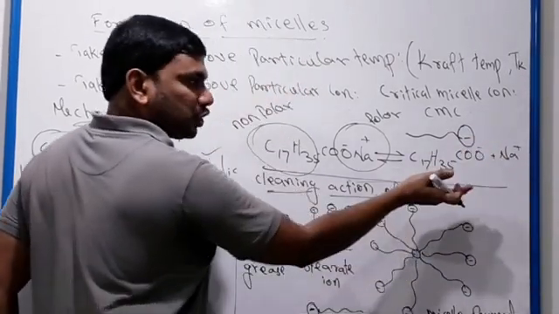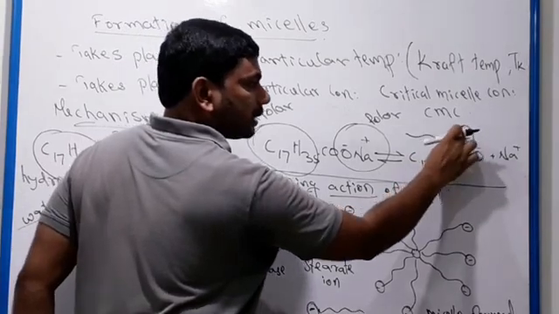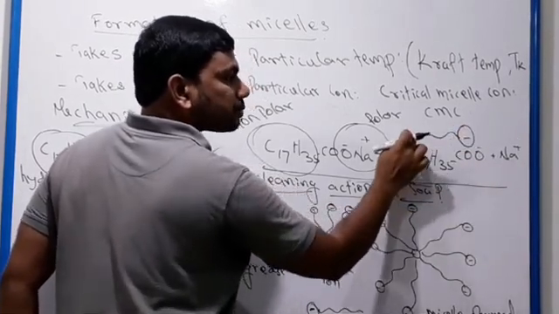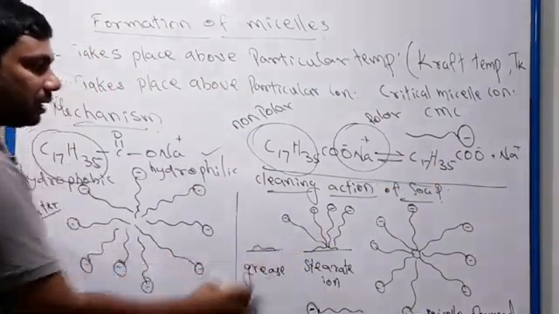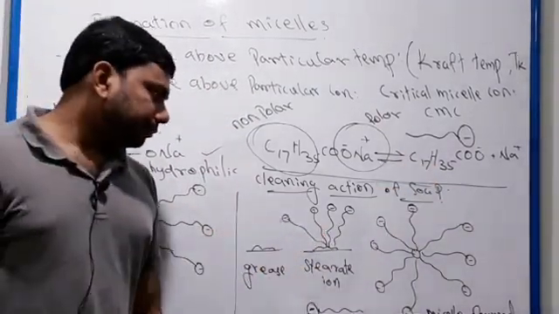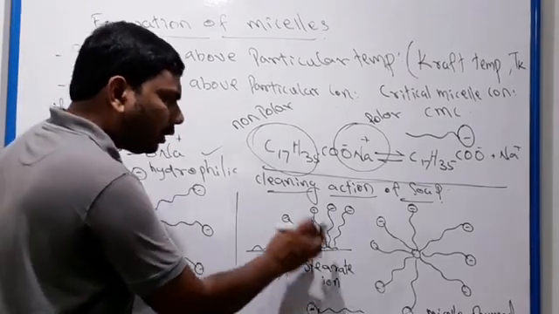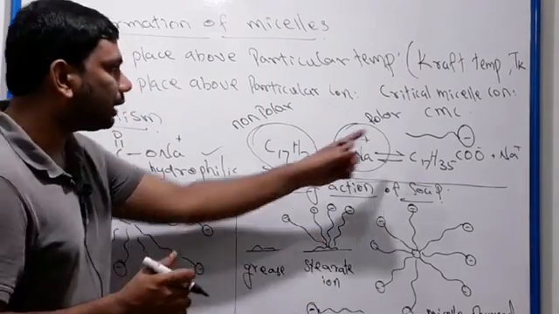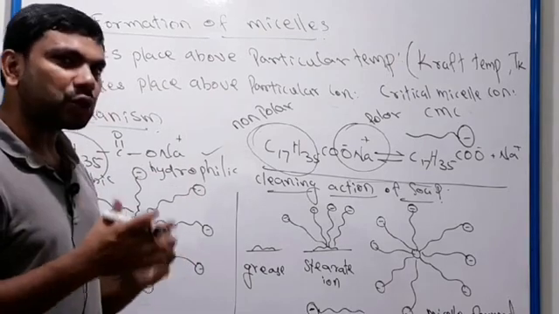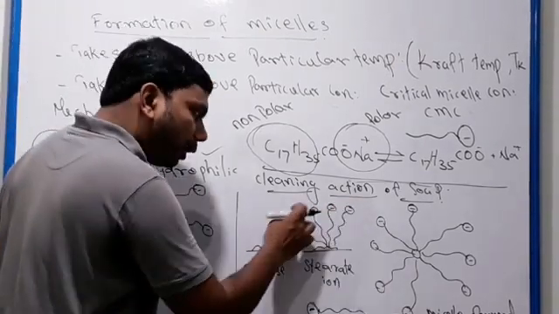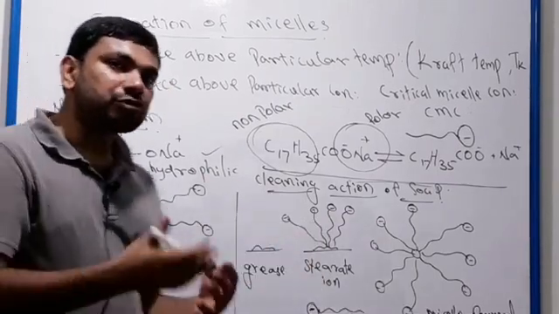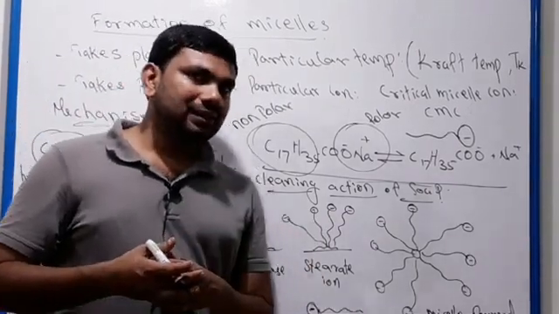Here at the COO minus end there is a negative charge, that's why we represent a negative charge here. And this part is hydrocarbon. Oil or grease will attract on the hydrocarbon, and this other part is the polar part, and it will attract water molecules. Clear?